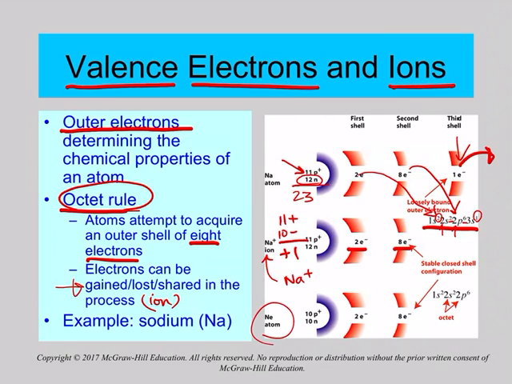Now, if you look at neon on the periodic table, that's this one right here, it's number 10 on the periodic table. So it has 10 protons. Well, if you go through and do the electron configuration, how many total outer electrons does it end up with? So don't do total electrons, because for the total electrons you would add up all of these numbers, 2 plus 2 plus 6, right?